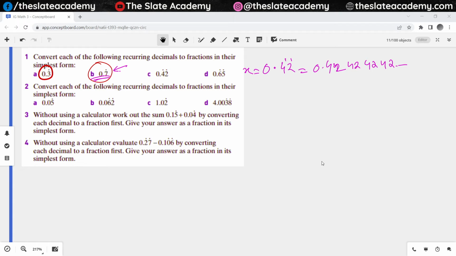Answer again. Your answer says just 0.42. It wouldn't be 0.42 recurring.